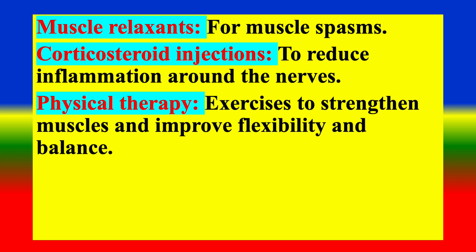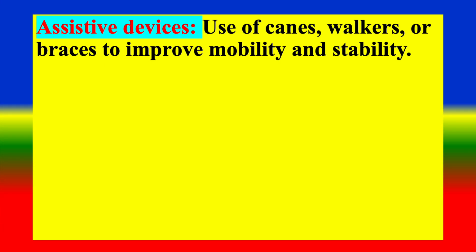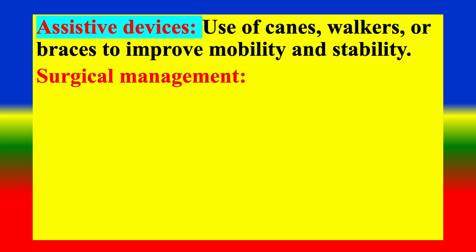Physical therapy exercises to strengthen muscles and improve flexibility and balance. 3. Activity modification, avoiding activities that exacerbate symptoms. 4. Assistive devices, use of canes, walkers, braces to improve mobility and stability.